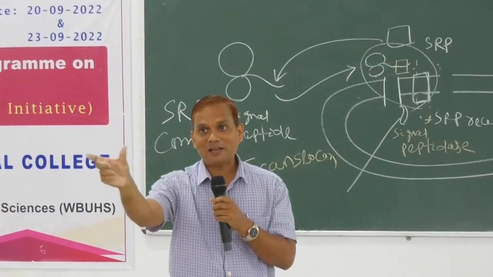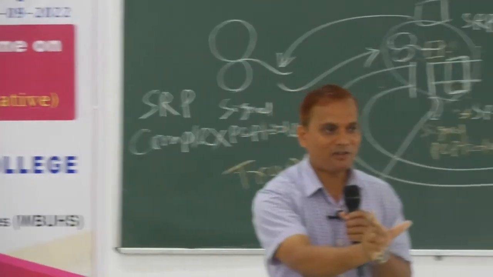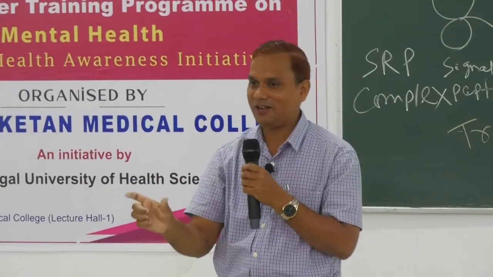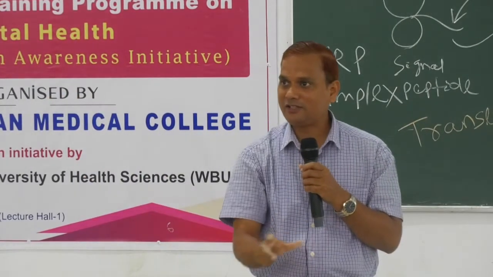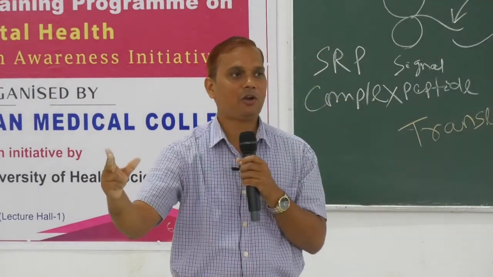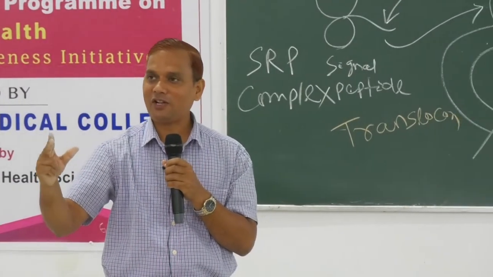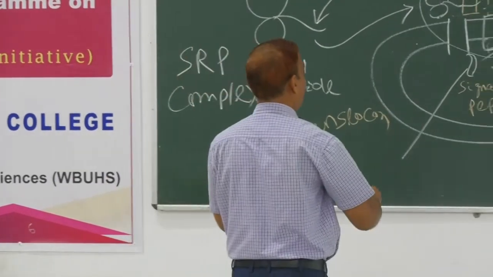I told you, near about 70 amino acids in total. The protein is 40 amino acids and the signal peptide is 30 amino acids. So it will cut between the signal peptide and the protein. Understand? After cutting, that protein enters inside the endoplasmic reticulum.